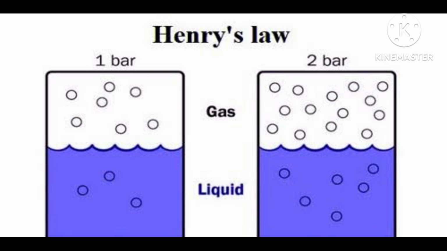This process is called osmosis. Water moves from high vapor pressure to low vapor pressure. This passage of water molecules from high pressure to low pressure through a semi-permeable membrane is called osmosis. This is the natural tendency of the flow of water molecules.